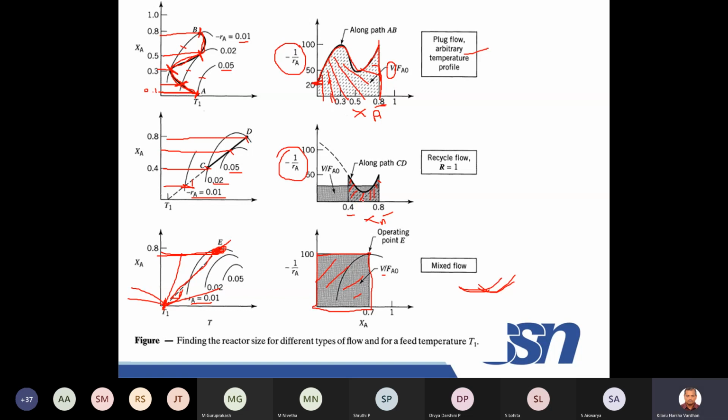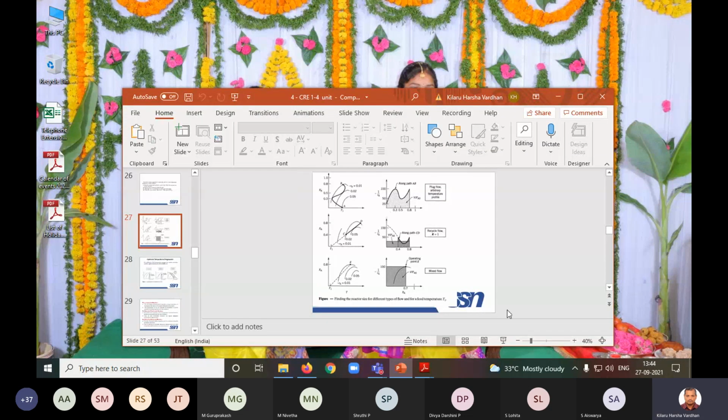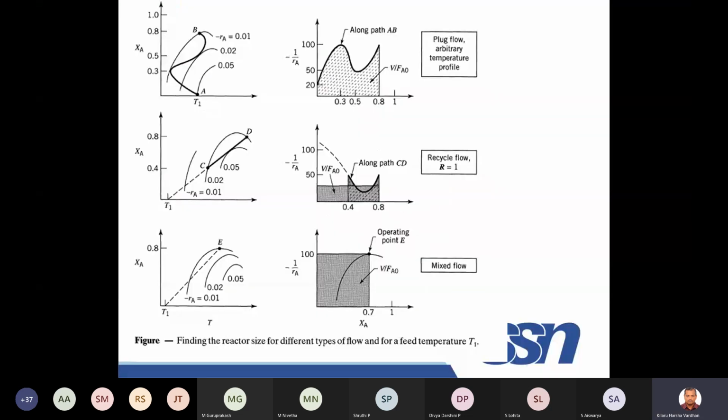So this is how we calculate the size required for either a PFR or an MFR or a recycle reactor. But here one important thing is how we draw this. How can we draw these rates? That's the big thing.